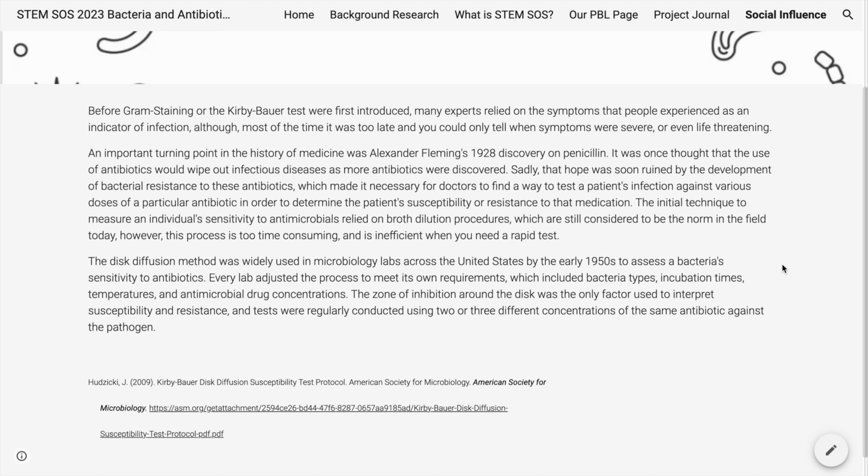Every lab adjusted the process to meet its own requirements, which included bacteria types, incubation times, temperatures, and antimicrobial drug concentrations. The zone of inhibition around the disc was the only factor used to interpret susceptibility and resistance, and tests were regularly conducted using 2 or 3 different concentrations of the same antibiotic against the pathogen.